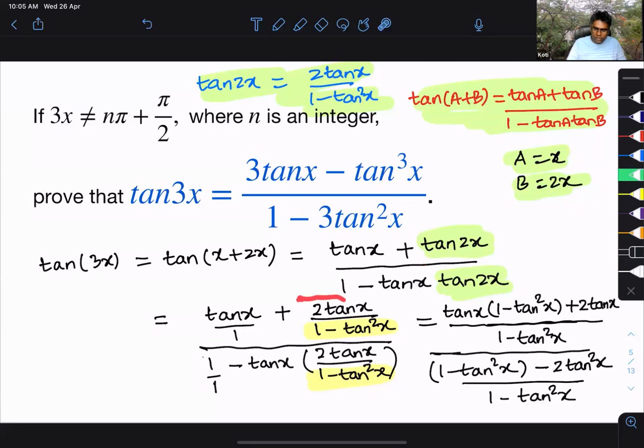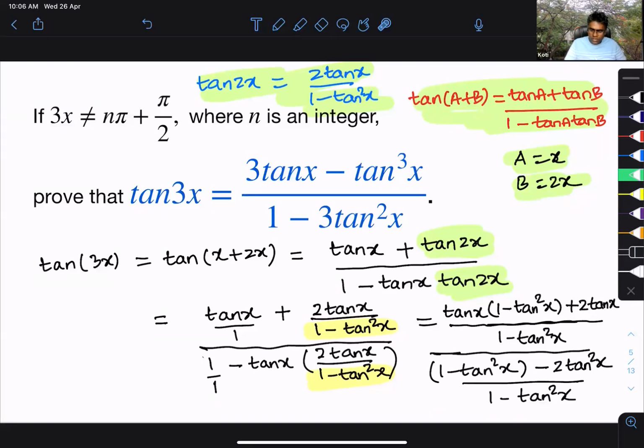You have tan x plus tan 2x, so I have substituted 2 tan x divided by 1 minus tan square x. And in the denominator, I have 1 minus tan x multiplied by tan 2x, so tan x multiplied by this 2 tan x by 1 minus tan square x. Okay? Yes, sir. And do you follow what we did here? Yes, sir.